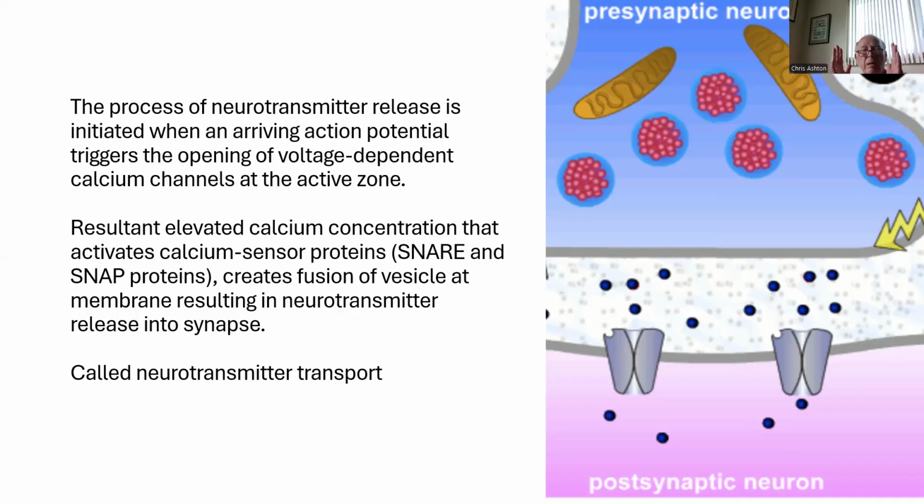Interestingly, and relevant to our discussions, crystal meth, methamphetamine, works its way into speeding up the SNARE and SNAP protein actions, thereby dumping more and more dopamine into the synapse, as well as working on transporter or neurotransmitter reuptake.